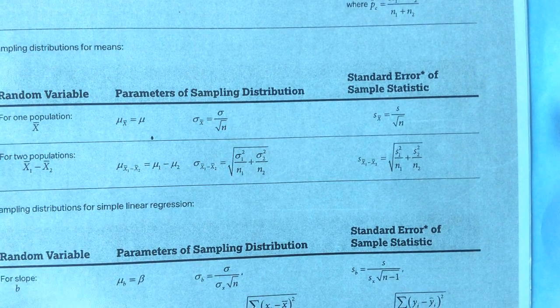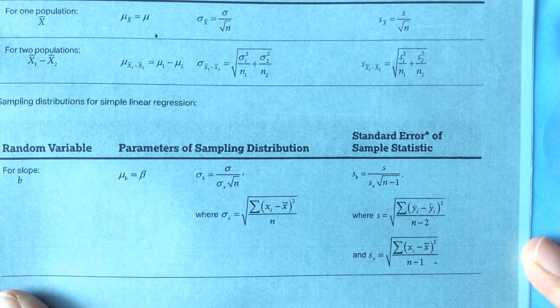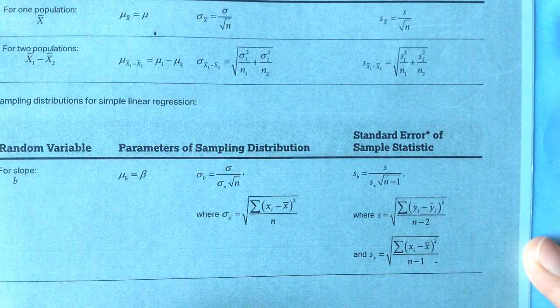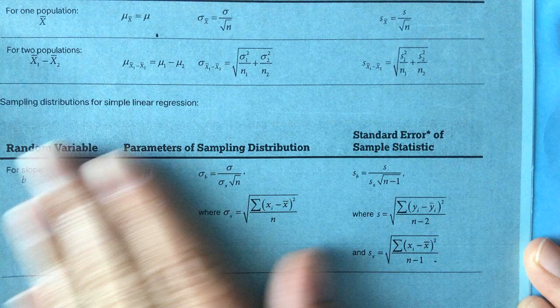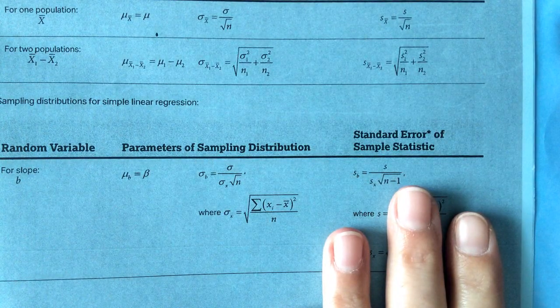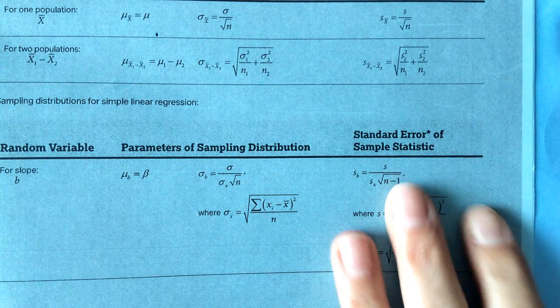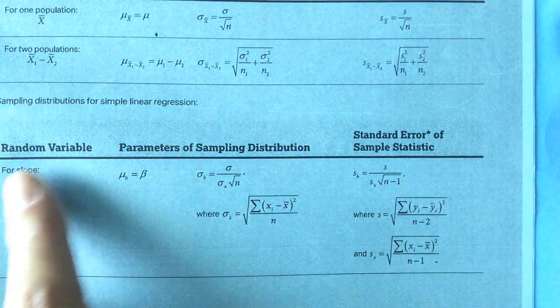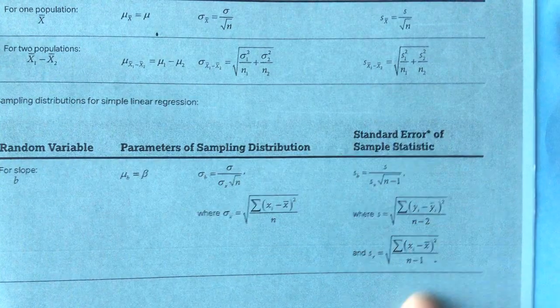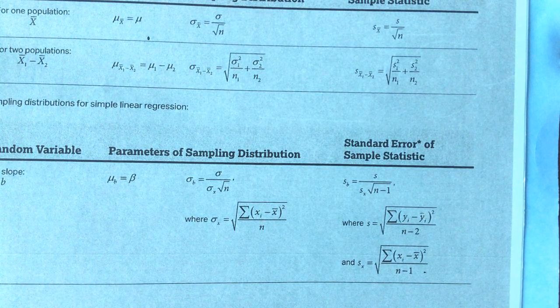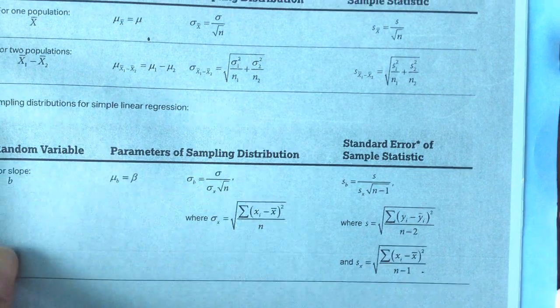Everything else on this page, linear regression and chi-squared, that is the stuff that has been kind of knocked off the end of the course for this year because of schools being out for the coronavirus. And so we won't really need to worry about these on the AP exam this year because those last 2 units have not been included.